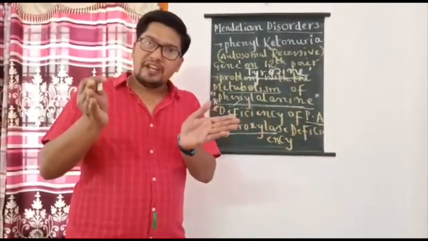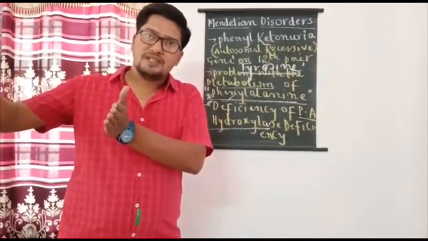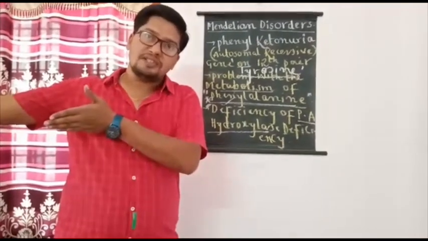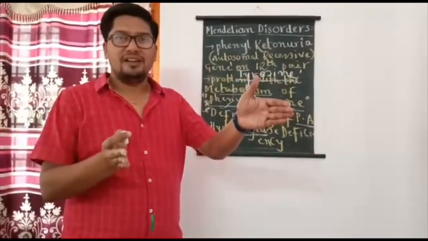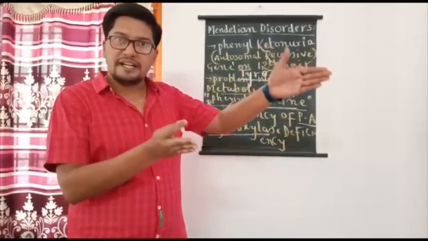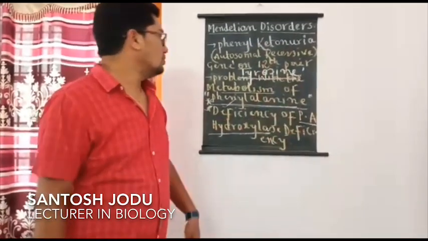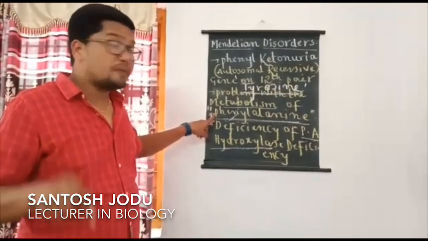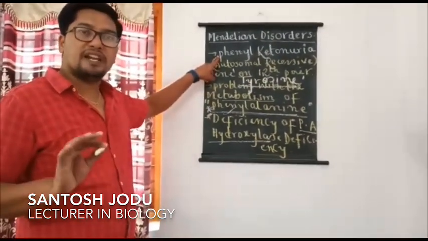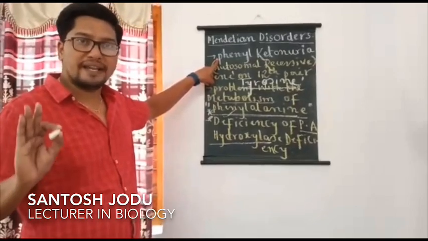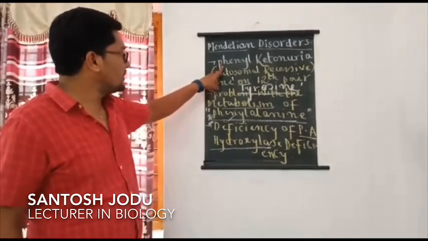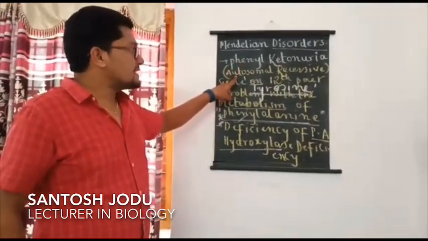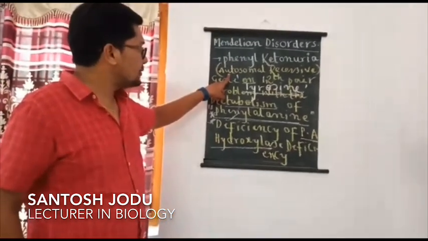The same phenylpyruvic acid derivatives, in the form of ketones, are excreted in the urine due to the abnormal metabolism of phenylalanine. That's why this condition is called phenylketonuria.